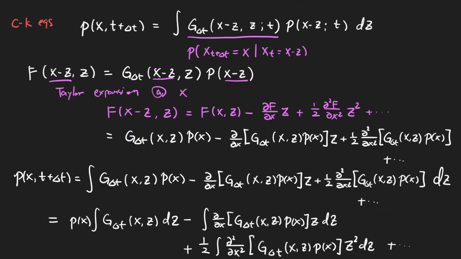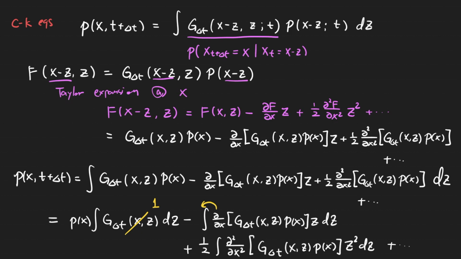and in our derivation of the heat equation, we directly converted this into the moment. Okay, so now let's take a look at these terms. The first term is easy because G is a transition probability. So that means this integral equals to 1. And then for the second term, you can actually move this derivative operator outside.